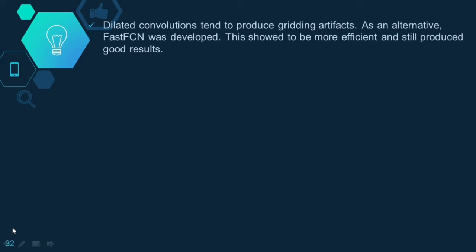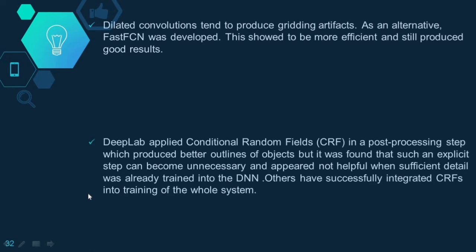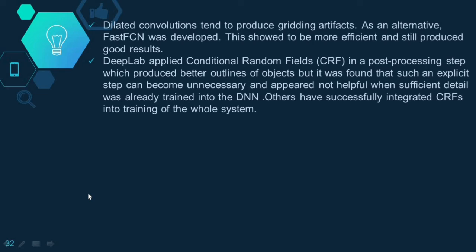Dilated convolutions tend to produce gridding artifacts. As an alternative, fast FCN was developed. This showed to be more efficient and still produced good results. And then DeepLab applied conditional random fields in a post-processing step which produced better outlines of objects, but it was found that such an explicit step can become unnecessary and appeared not helpful when sufficient detail was already trained into the DNN.